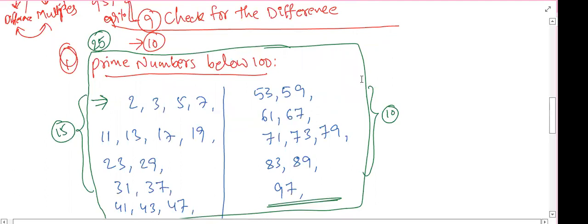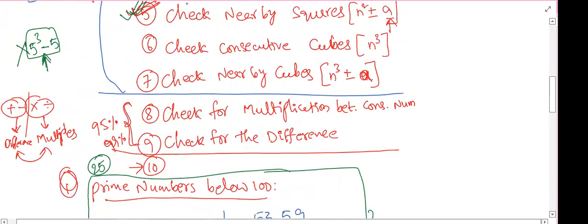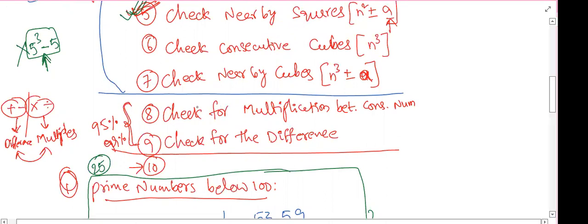Okay, sir. So what we can write, point number 10 here. It can also have no relation. I mean, it can also have like no mathematics. Miscellaneous, right? Any miscellaneous operations, and it may be based on digit operations also.